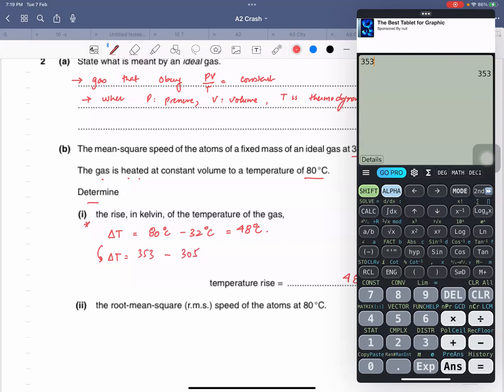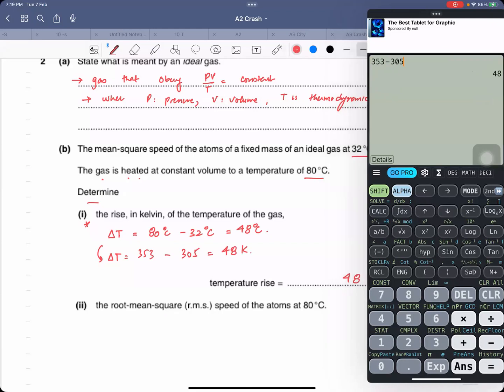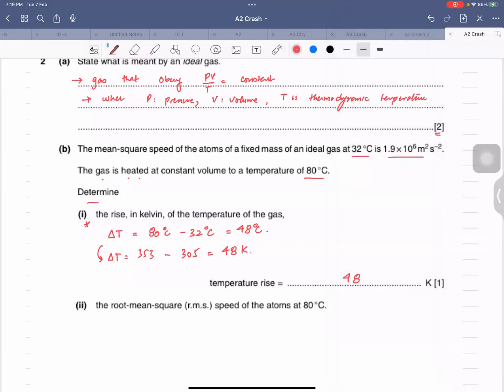Ultimately, 353 minus 305 gives you the same answer in Kelvin, because the change would be the same. So you don't have to do an extra step. Is that clear, everyone?